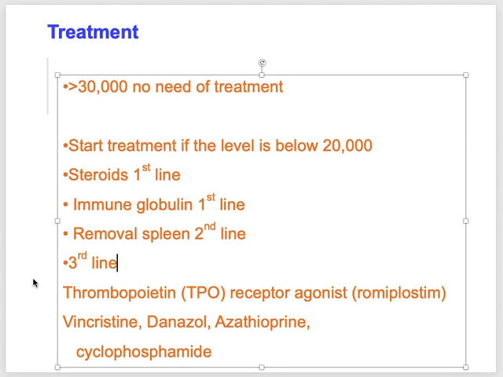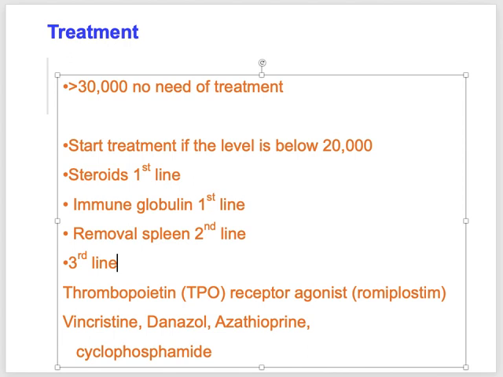Most of the patients stay safe, they stay healthy. It's a benign type of condition. Just, as the patients get old, there is increased risk of bleeding. So that is the major concern we have in these patients. So this is all about ITP.